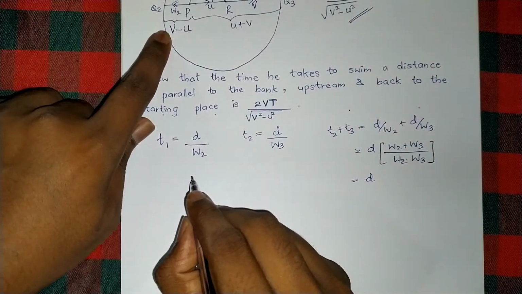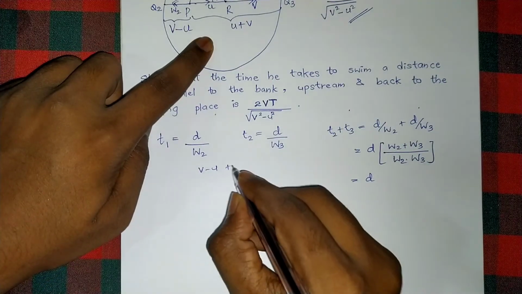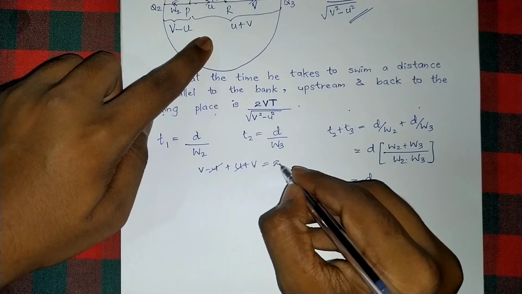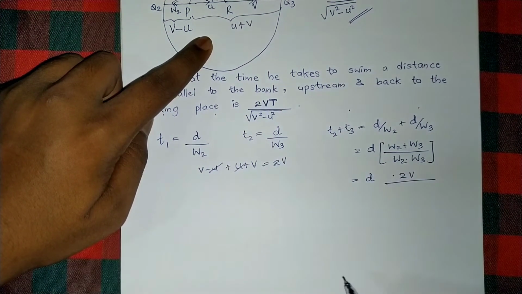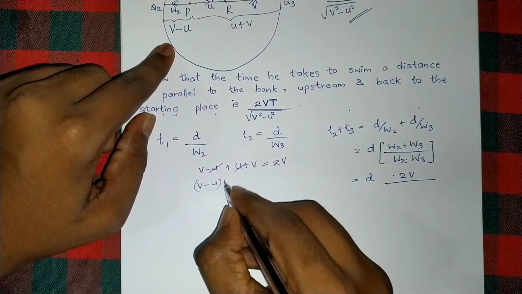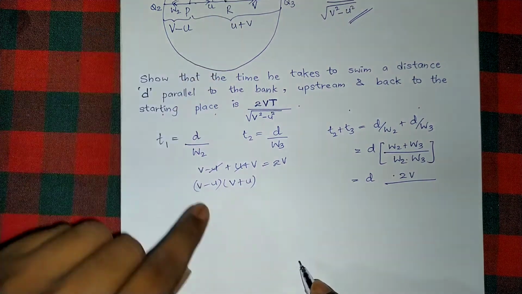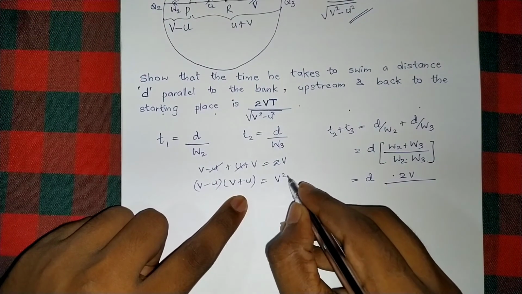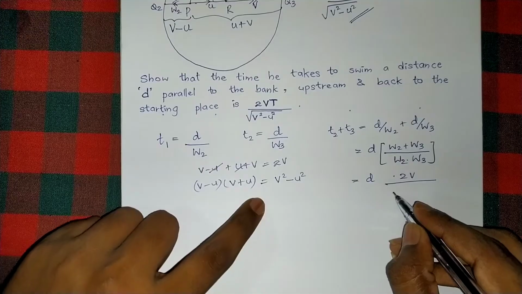W2 is V minus U. W3 is U plus V. U gets cancelled. Numerator becomes 2V. W2 is V minus U. W3 is V plus U. So this is a difference of two squares. The answer becomes V square minus U square.